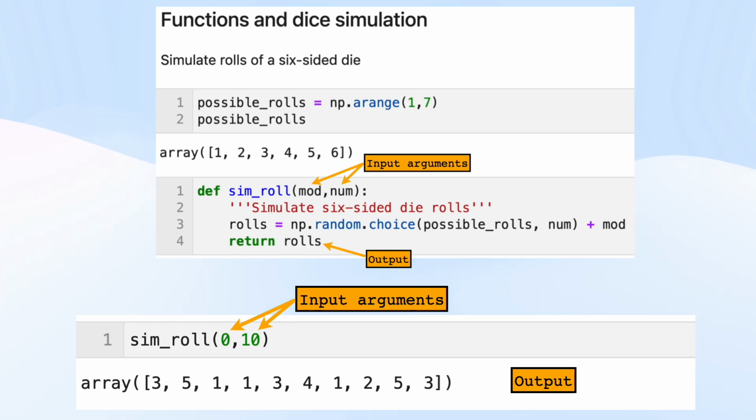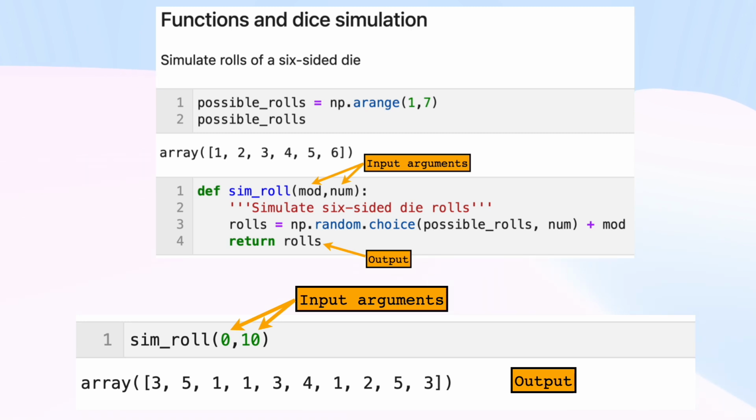When we call specific arguments within sim_roll, we get back the output array, which internal to the function is called rolls.